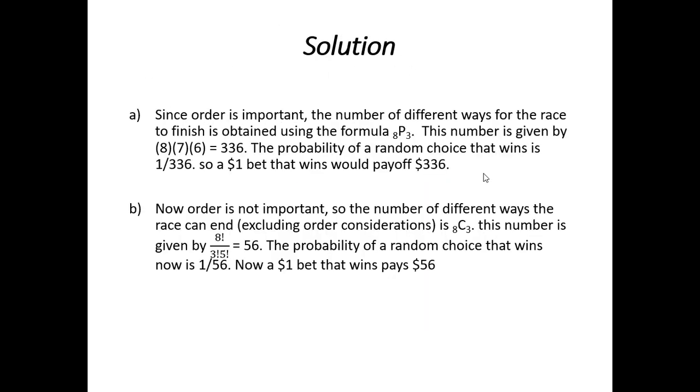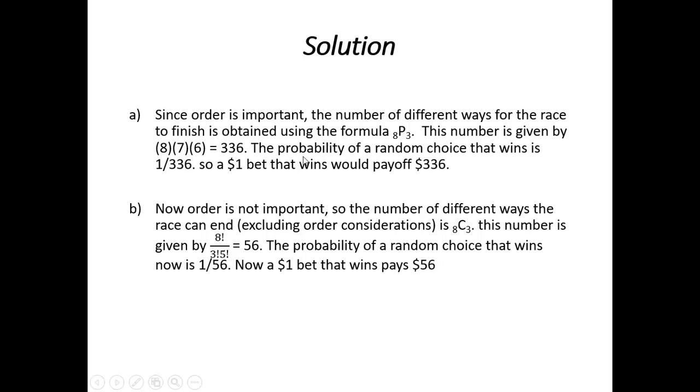Well, it turns out we could answer these questions using some of the counting formulas that are discussed in Chapter 2. Since order is important, and we have 8 horses entering the race, okay, the number of different ways for the race to finish is given by 8P3. And if we expand that out, that's simply 8 times 7 times 6, which is 336.